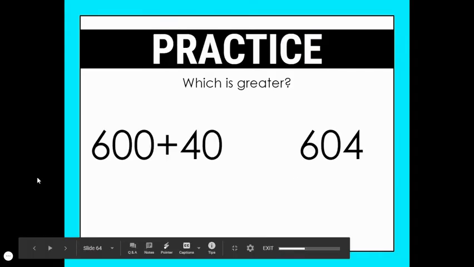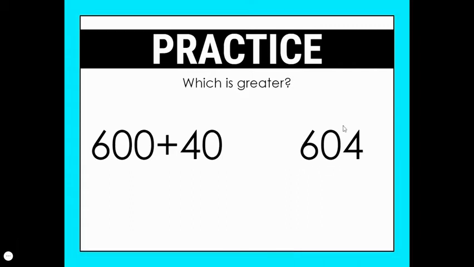So now let's compare which number is greater. So I have the 600 plus 40 and I have 604. Well, I know that 604 is written in standard form, but 600 plus 40, that's written in expanded form. And that's kind of hard for me to compare those two.